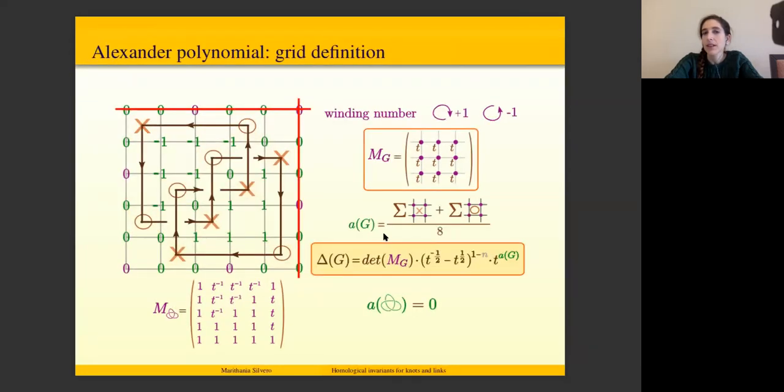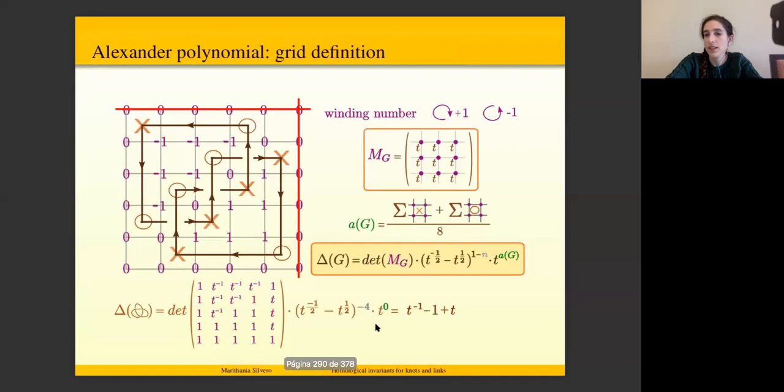And now the Alexander polynomial is defined that way. Take the determinant of this matrix, multiply by this factor. This n is the size of the grid, in this case 5, and multiply it by t to the a power, where a is this number we have just said. So in this case, we have the determinant of this matrix times this. I wrote -4, sorry, this should be -5, times t to the 0 power.